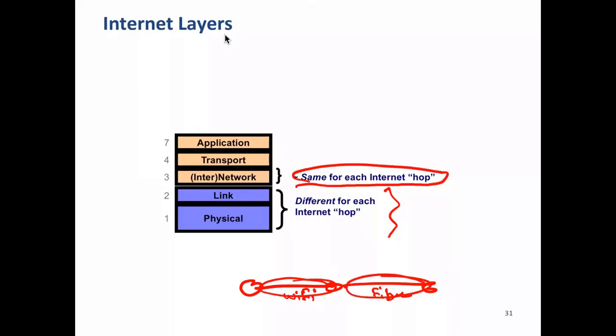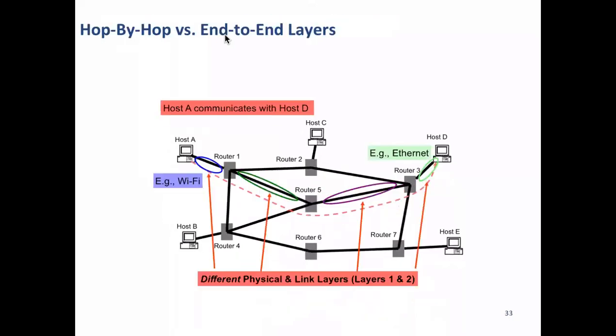So these two layers will differ for each hop, while the decision of how the packet will go, what route it will take, is the same. So the network layer is the same for all nodes, while the link and physical layers are different. Okay, all right. So this we have seen.